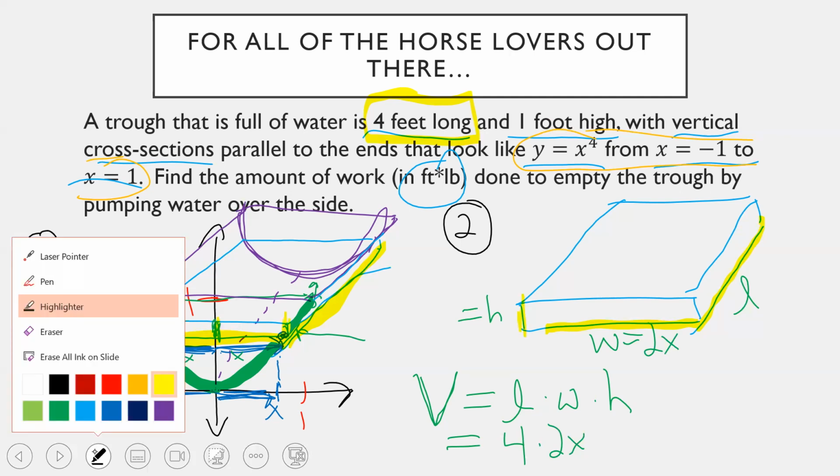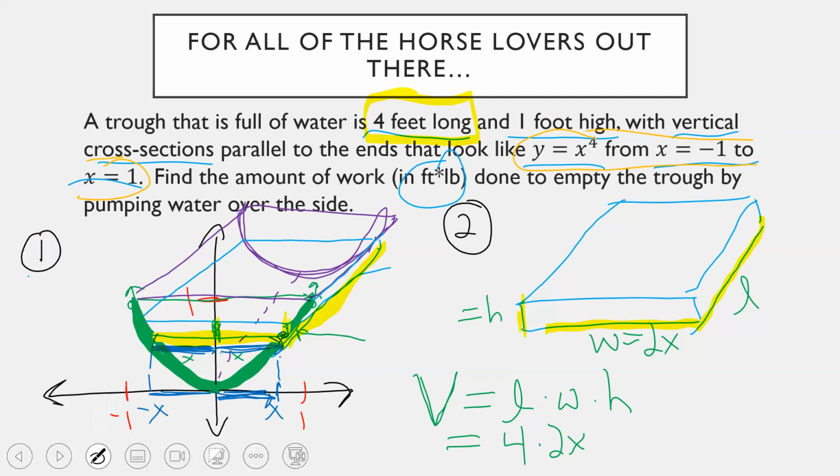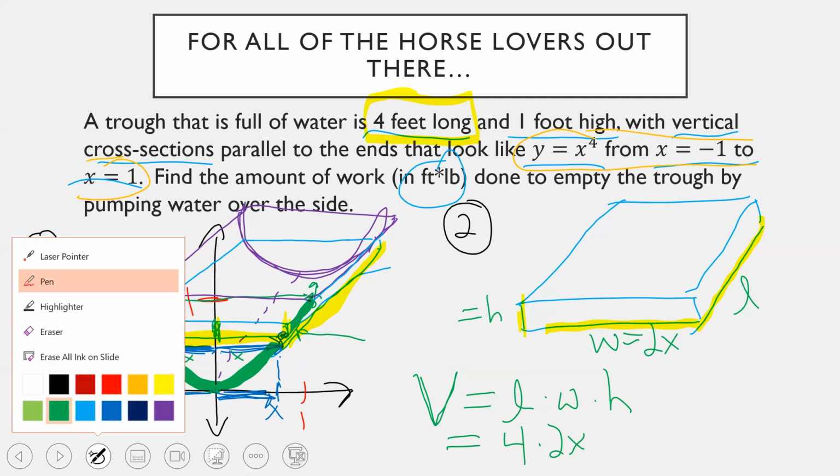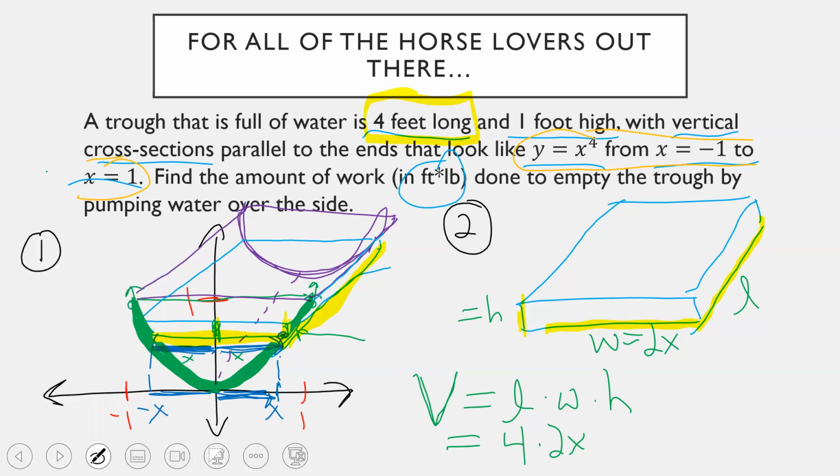And again, we don't know exactly what it is, but it's a change on that vertical axis, and we know that often the variable on the vertical axis is y. So I'm going to call it dy because it's some change in a y value. So our height here will be dy. If we multiply this out, we have 4 times 2x times dy, which gives us that our volume is 8x dy.